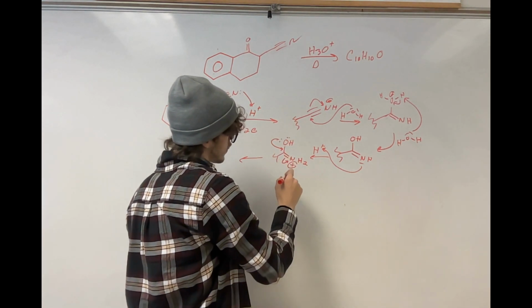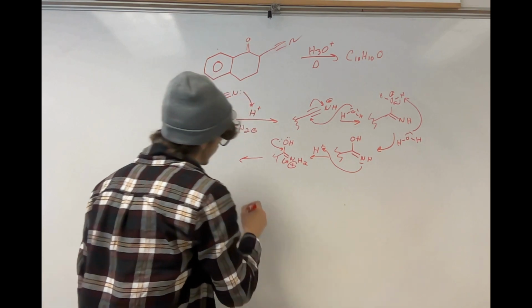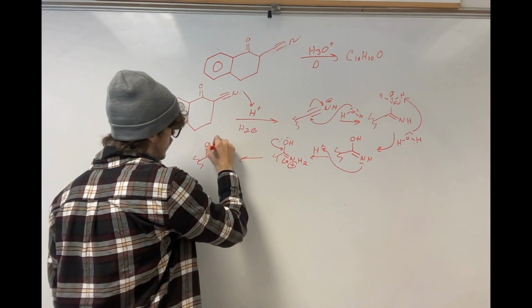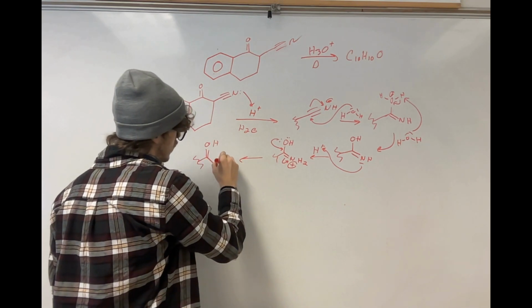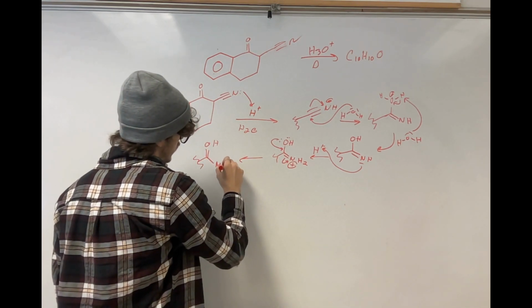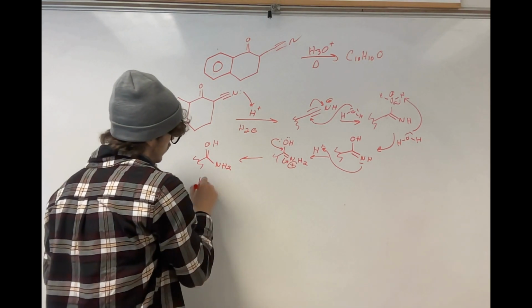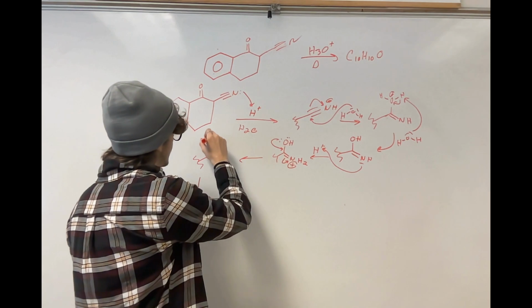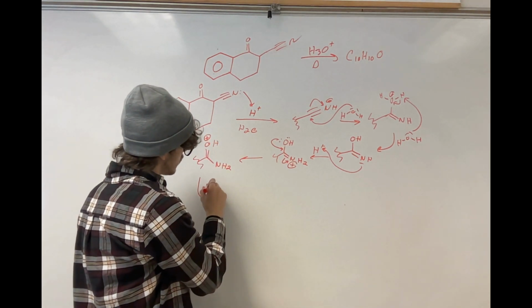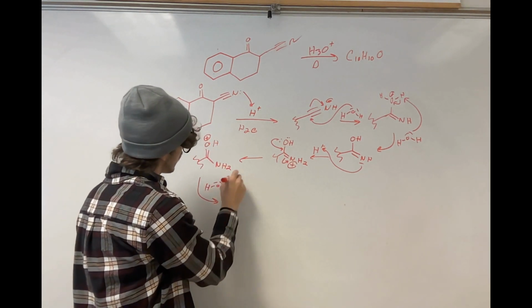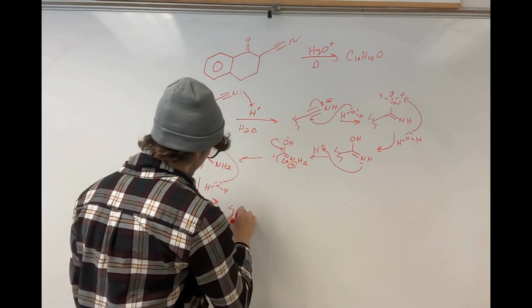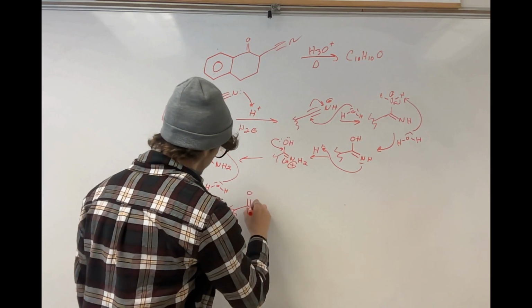And then we're going to kick electrons onto the nitrogen once more. So we have NH2, right? This is almost an amide if you think about it. This has a positive charge, so water comes in, steals that, puts it onto the carbonyl, electrons I should say.